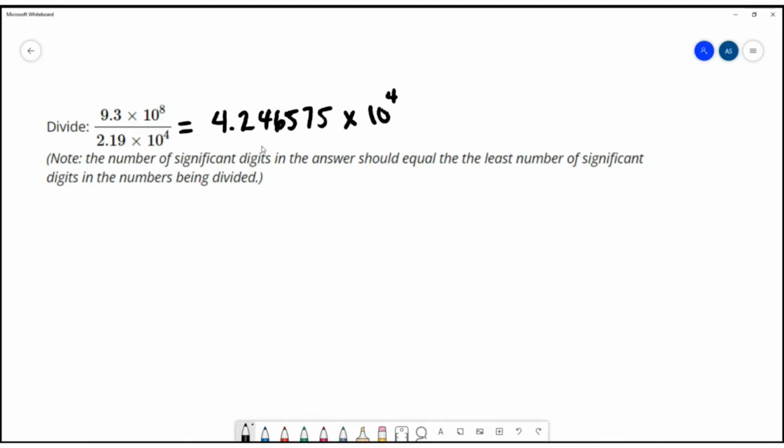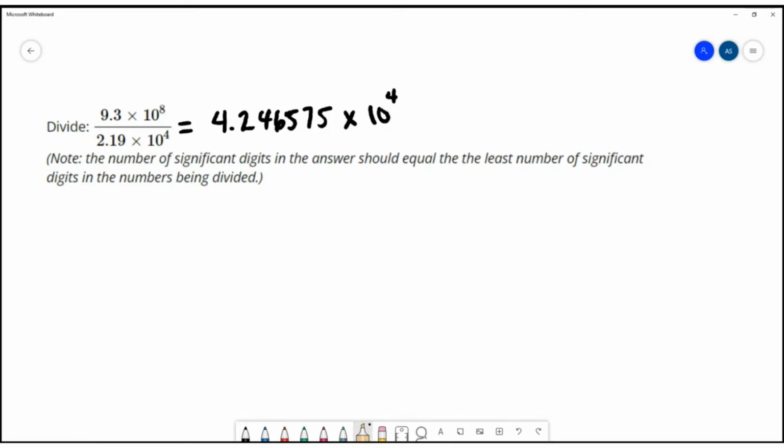But we want to write it in scientific notation, so I'm going to check for that first. With scientific notation, the number has to be in between 1 and 10, so this number is between 1 and 10, and this power needs to be an integer, which it is. So this is in scientific notation. However, we haven't considered the significant digits yet.